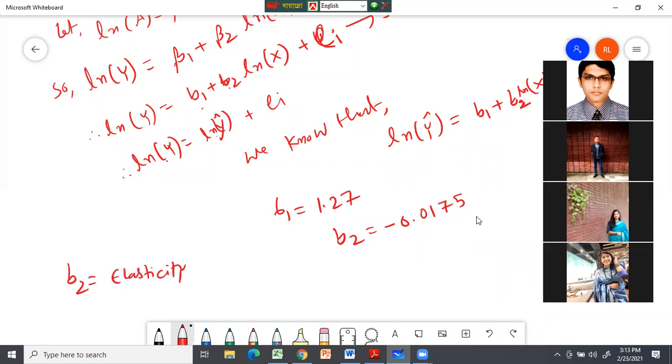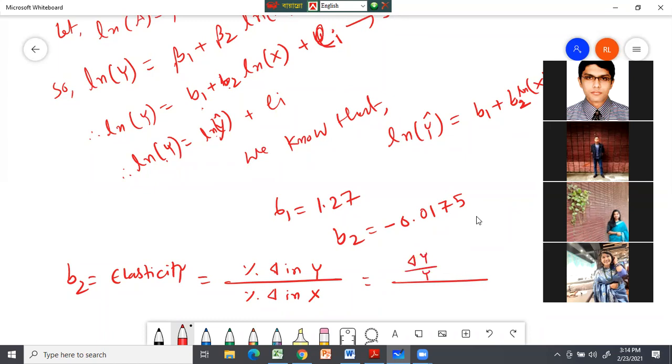And what do we know about elasticity? Elasticity means percentage change in your y divided by percentage change in your x. Okay, that is what elasticity means. So this percentage change in y means absolute change in y divided by the earlier value of y.